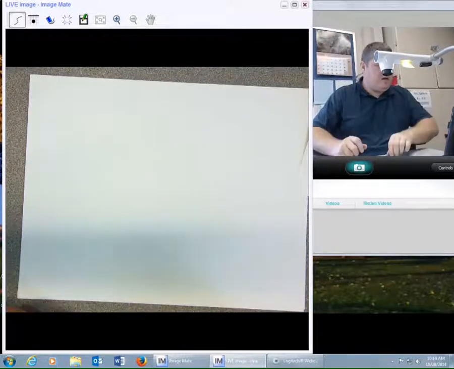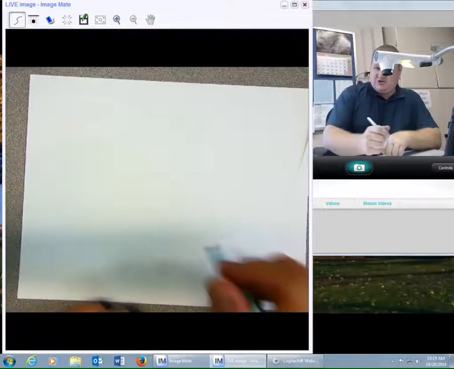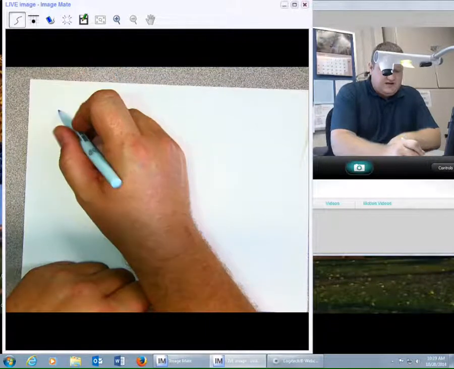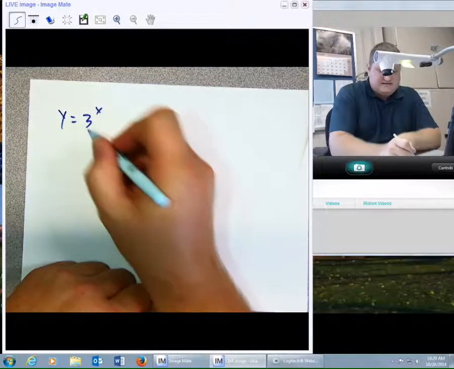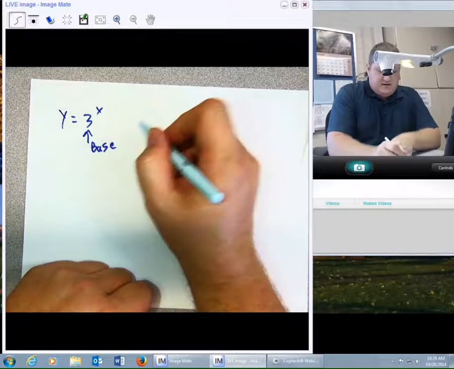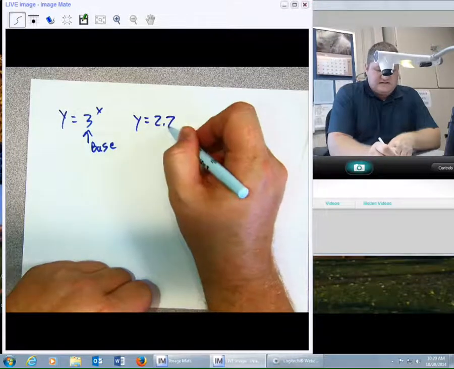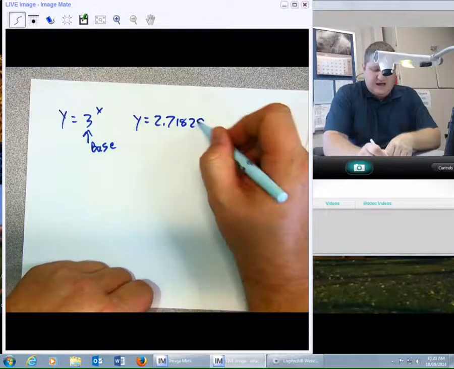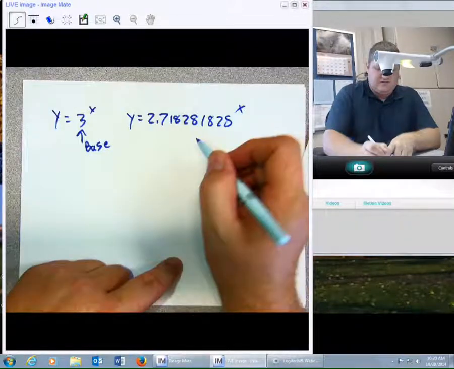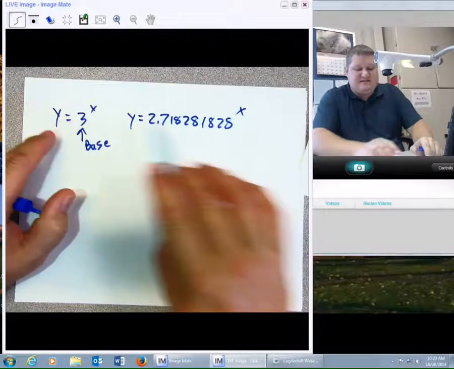The last piece of the puzzle is to talk about the natural log. So if we just have y equals 3 to the x, the base is 3. If I had y equals 2.718281828 and then raise it to the x, it's going to look almost identical to the 3.